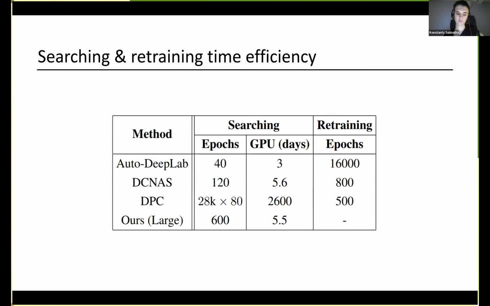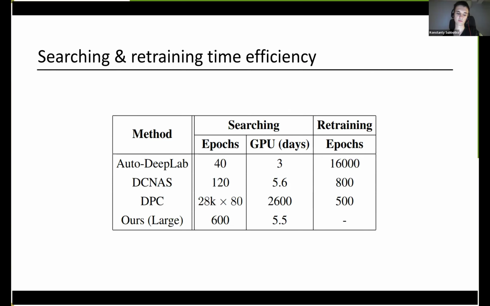As I noted before, we save a lot of time by not training a discrete architecture from scratch. We just reuse the already trained weights of a supernet and fine-tune them for a few more epochs. Additionally, in the standard DNAS framework, because of the discretization error, there's usually a lower correlation between searching and retraining results.